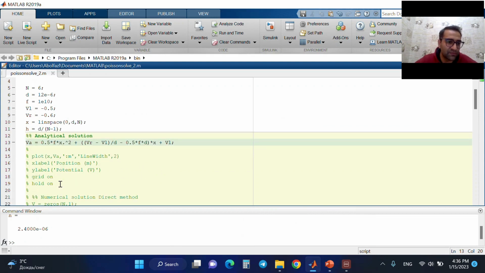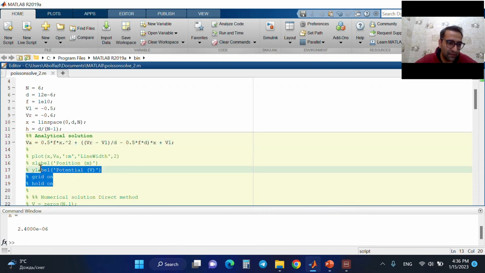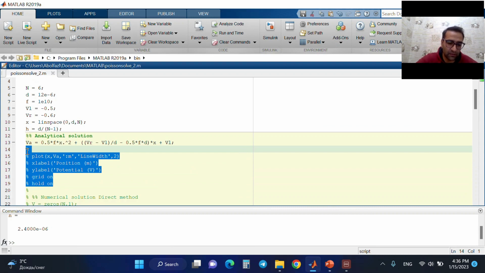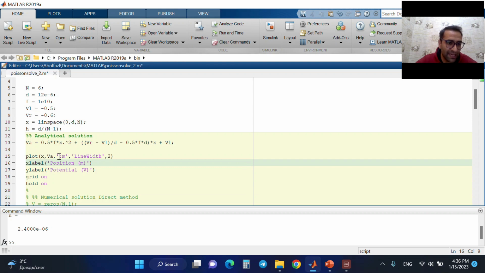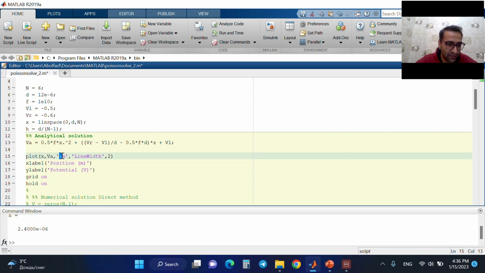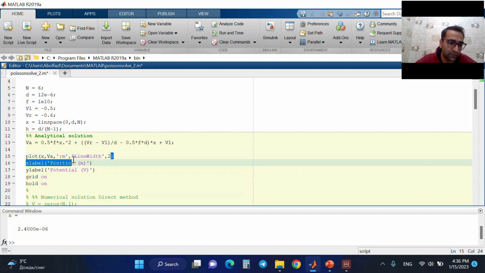Let's plot this Va versus x. I just enable all lines with Control T. Okay, plot x, Va with a dotted line, magenta is the color of the line, and I define the line width to be equal to 2.